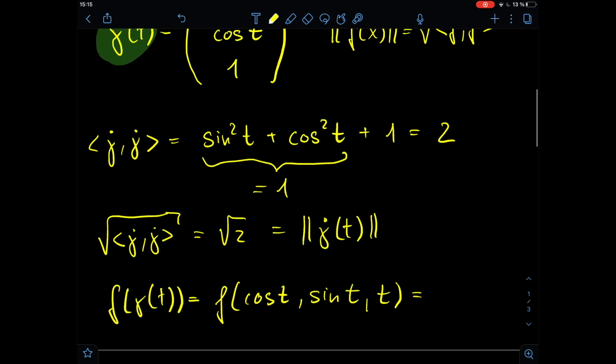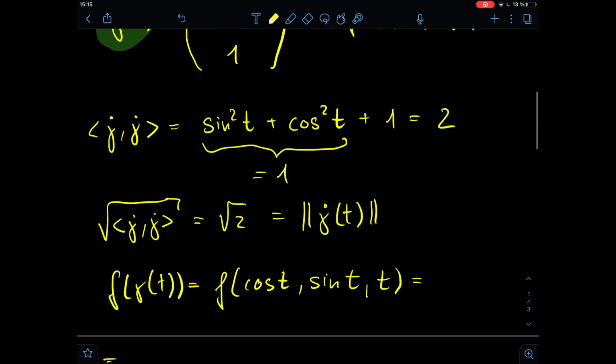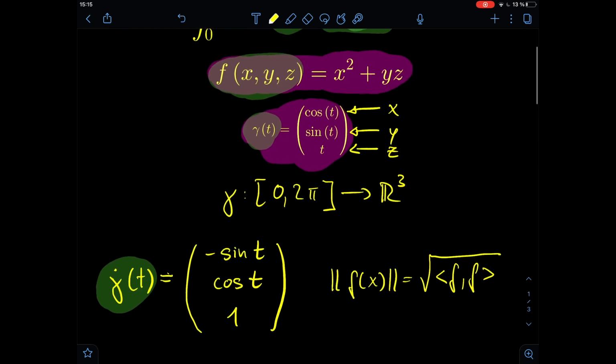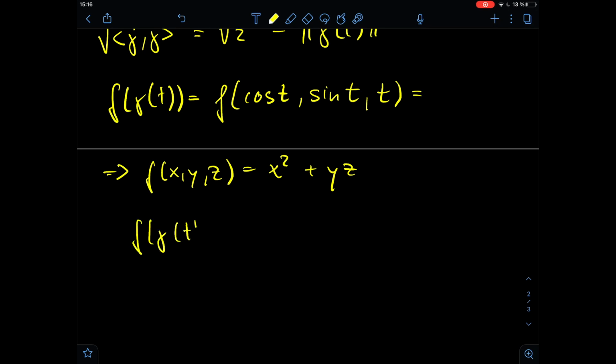For x we plug in cosine of t, for y we plug in sine of t, and for z we plug in t.